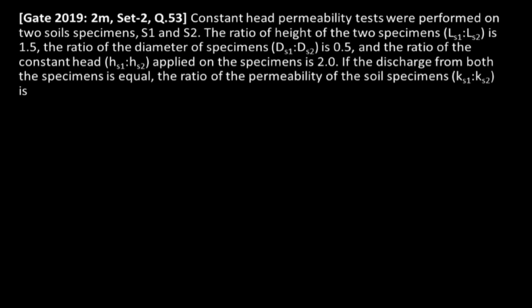In this question, let us write down the given data. They are given that the ratio of height of two specimens LS1 by LS2 is equal to 1.5, and the diameter ratio of the two specimens DS1 by DS2 equal to 0.5.